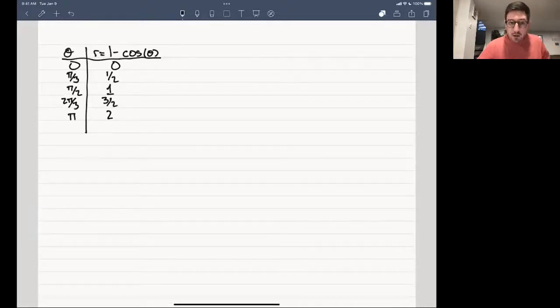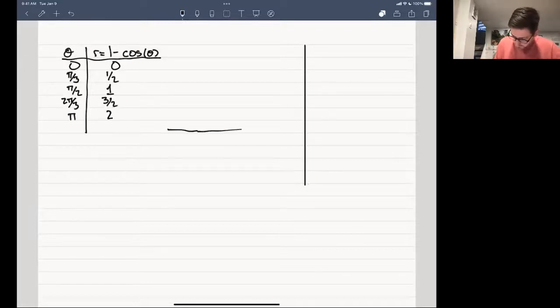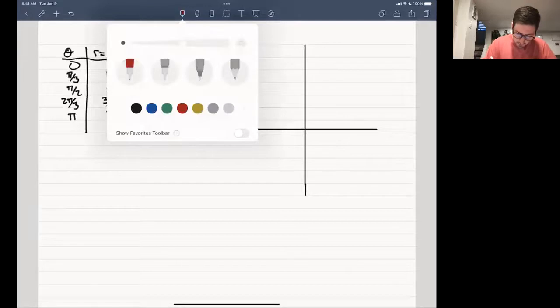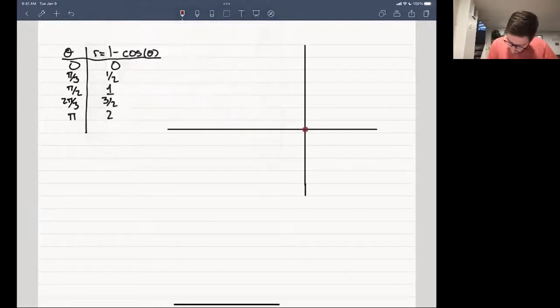Now, it might take you a few more data points to try and round this thing out, and you are perfectly welcome to do that if that makes you more comfortable. I'm going to go ahead and plot this thing. So in this case, maybe let's extend that down a little bit. Again, I'm going to start with the top half of this thing.